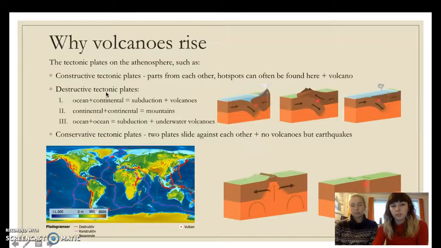And then we have the destructive tectonic plates, where there are 3 different types.